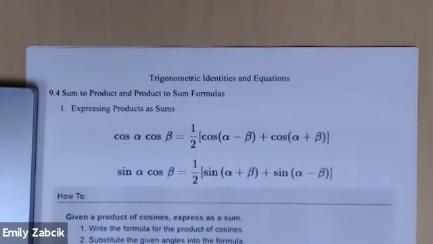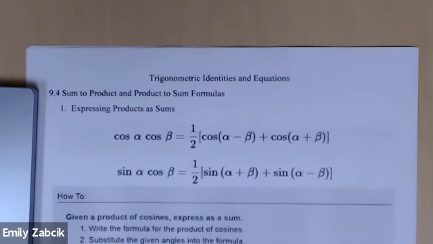Okay, so what we're going to be looking at in 9.4 is, we just looked at the double angle, the reduction angle, and the half angle. We picked up our Pythagorean identities, our reciprocal identities, our quotient identities. We looked at summation identities. We looked at what is cosine of alpha plus beta. You remember those? And what is sine of alpha plus beta? And we added a bunch of stuff.